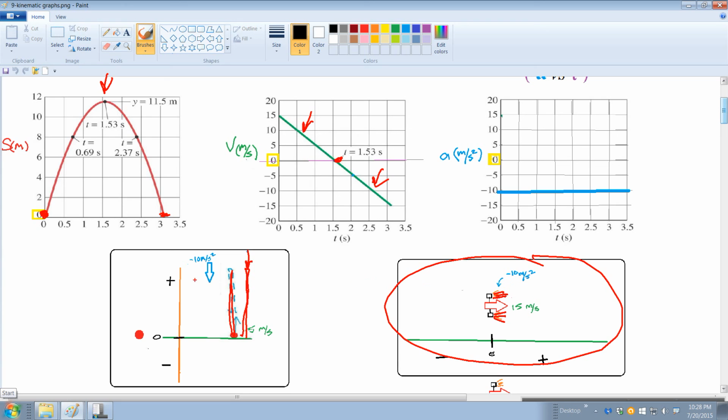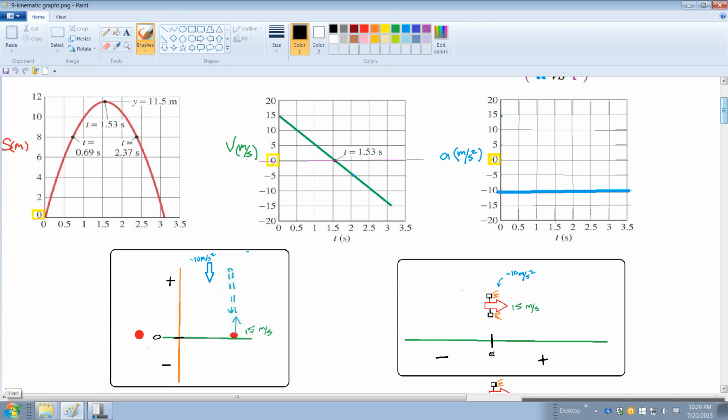But there's other scenarios. Something else you want to get skilled at is when you look at a displacement versus time graph, you want to realize that the tangent line at any point, or the slope at any point, is the velocity. So at this point, the slope is 0.